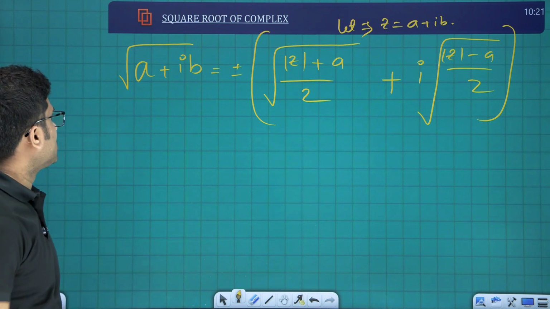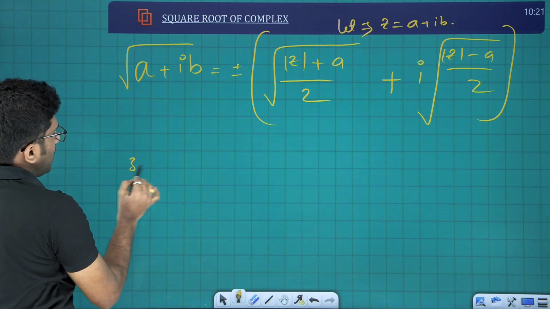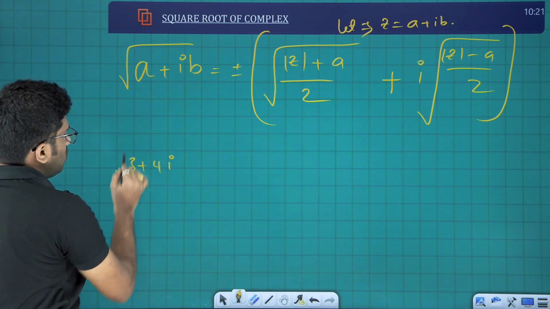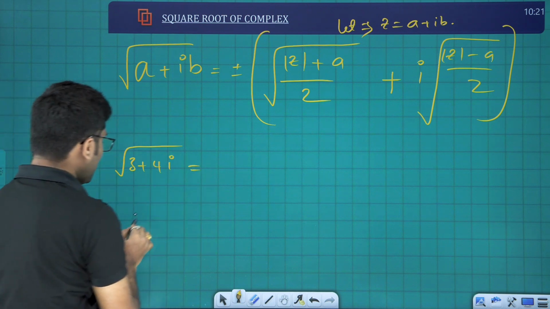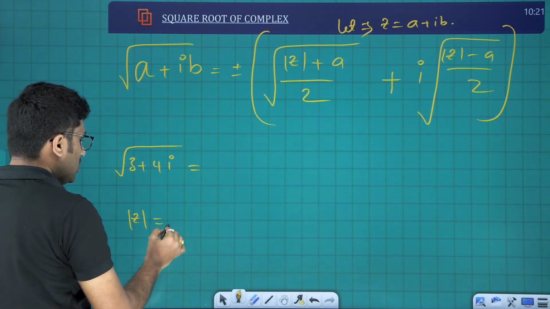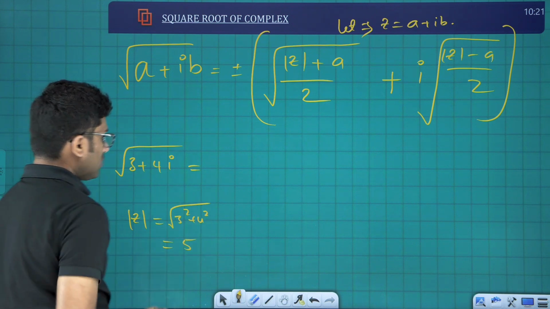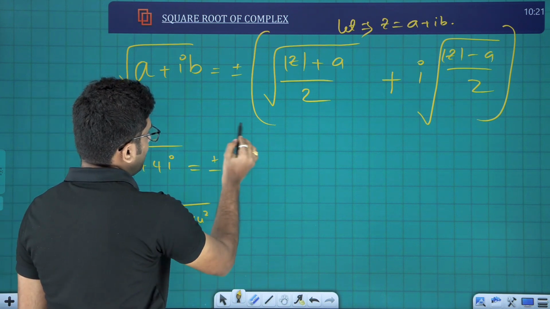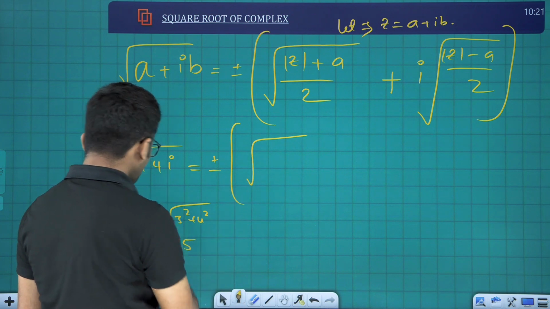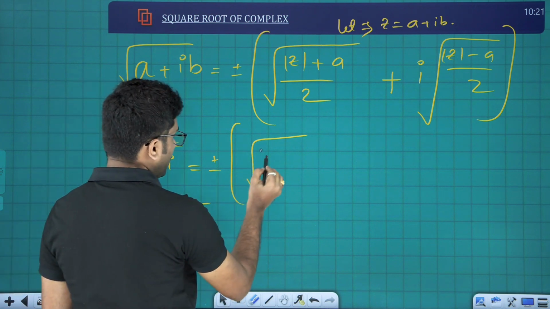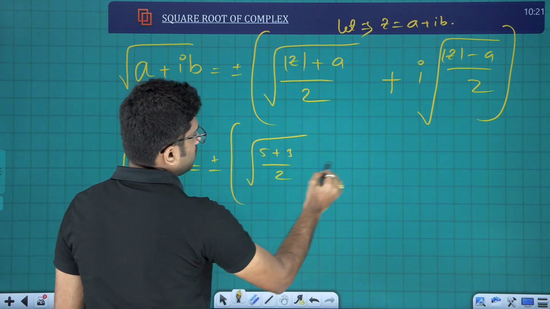Suppose we have to find the square root of 3 plus 4i. Then first we find the modulus. Mod Z is root over 3 square plus 4 square, which is equal to 5. Then in that case, plus or minus square root of mod Z, that is 5 plus 3 by 2.